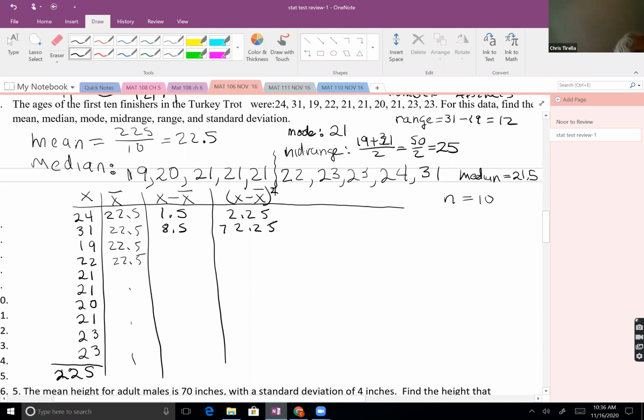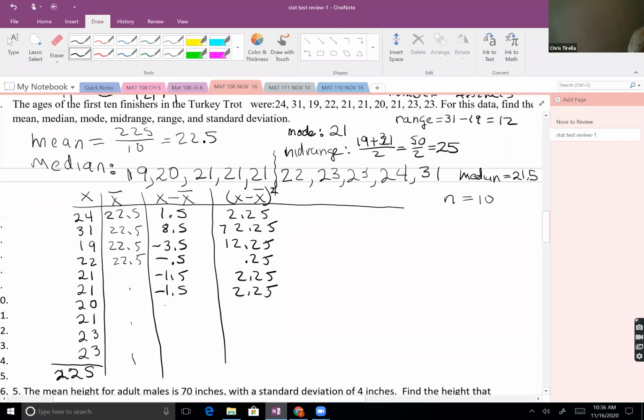19 minus 22.5 is negative 3.5. Squared is 12.25. This one is negative 0.5. Squared is 0.25. 21 minus 22.5 is negative 1.5. Squared is 2.25. Next one would also be negative 1.5.